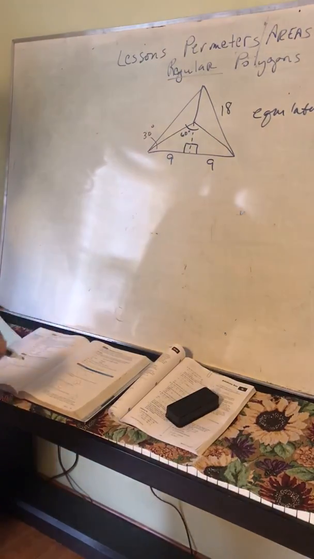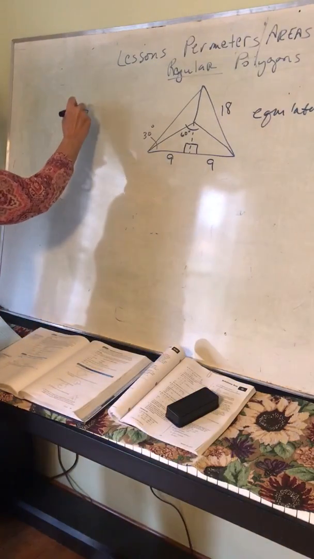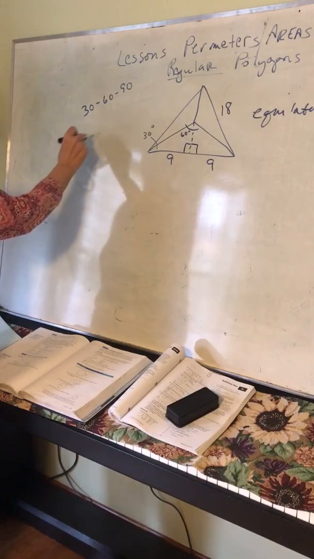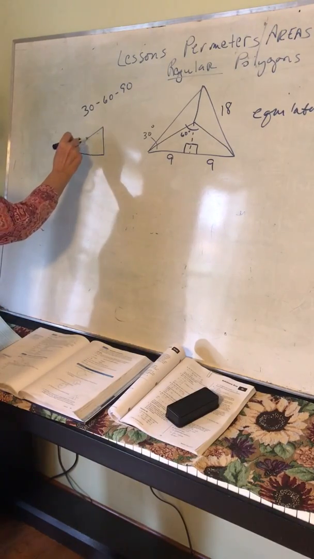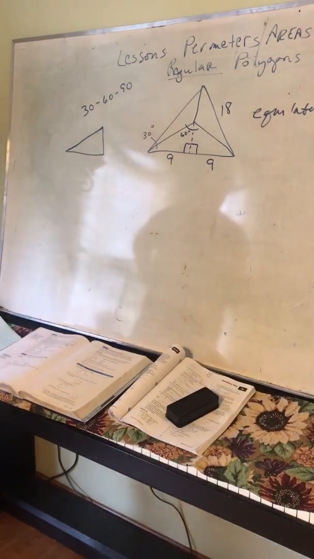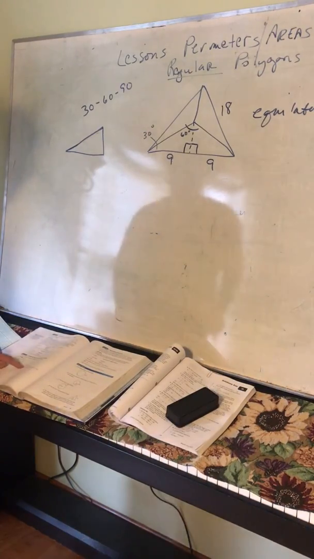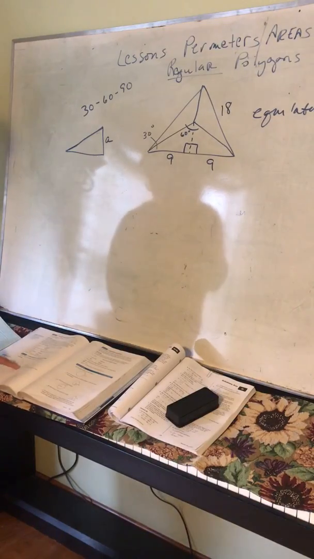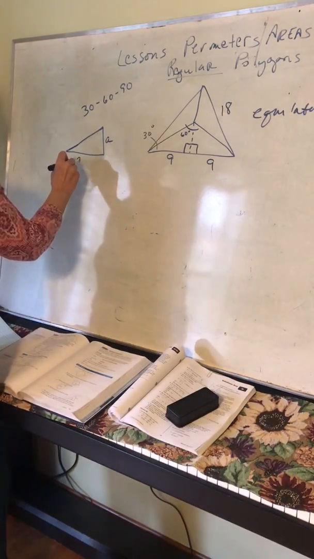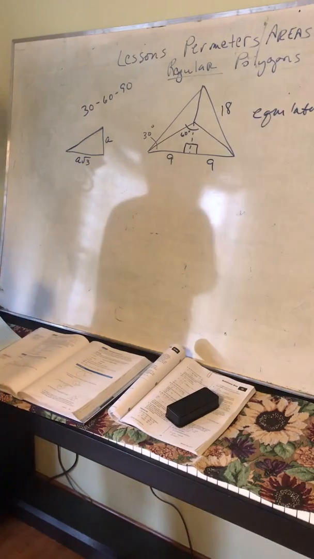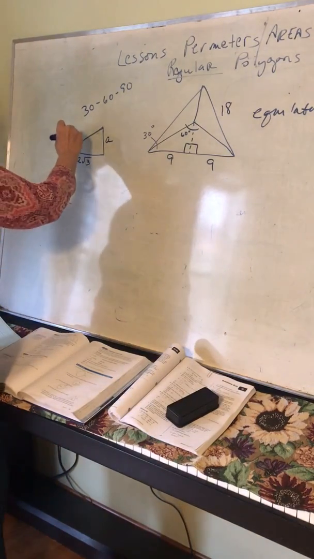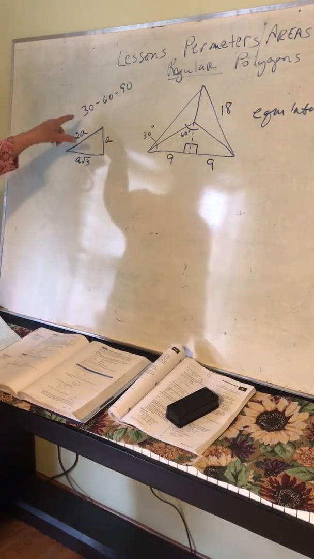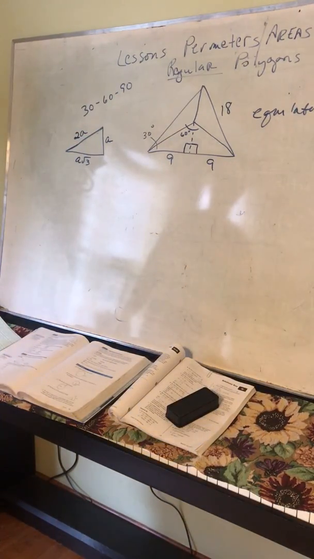So now we have a 30, 60, 90 triangle, which has some special properties. If this side is A, then this side is going to be A times the square root of 3, and this side is going to be 2 times A. We learned this in a different chapter. It's a special property of a 30, 60, 90 triangle.